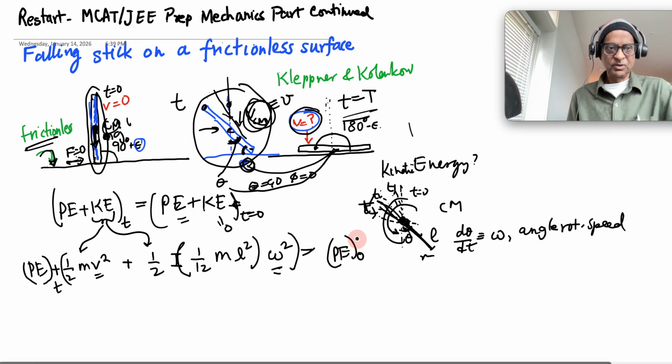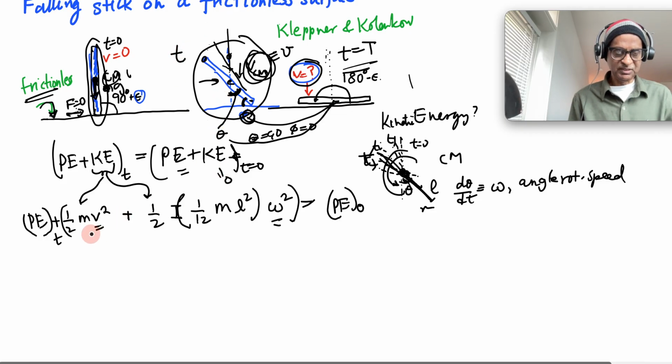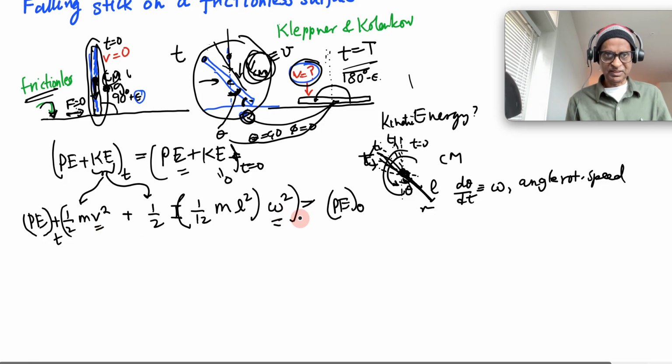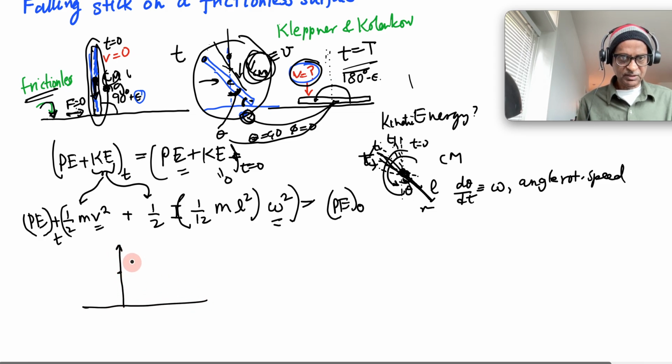Okay, now let's put some coordinates out there so that we can relate this omega and L and V and things like that. Let me use this as a y coordinate, and say this is t equal to 0, where the CM was over there, and this is the y-axis, and this is at some time t.